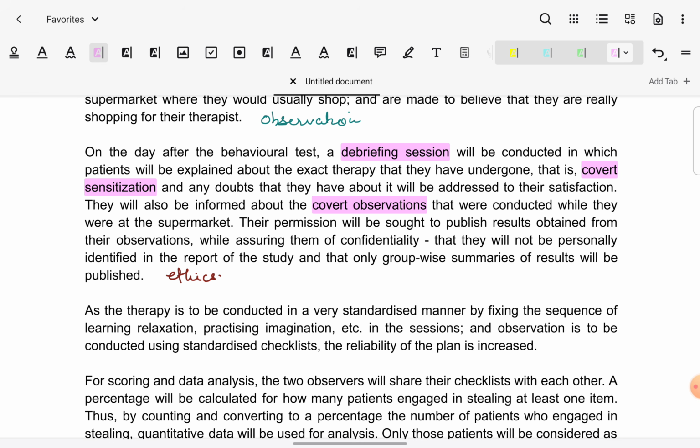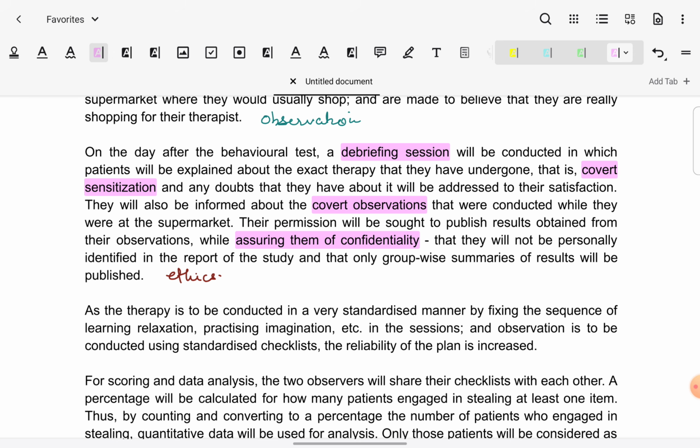So I feel it's very important to disclose to them, to address any doubts that they have, and to seek their permission to write the results, because after all the observation is done without their permission. So even at this time, we can't undo the observation, but if they don't want the results to be published, at least that much we can do, is take their permission and then only publish the results.